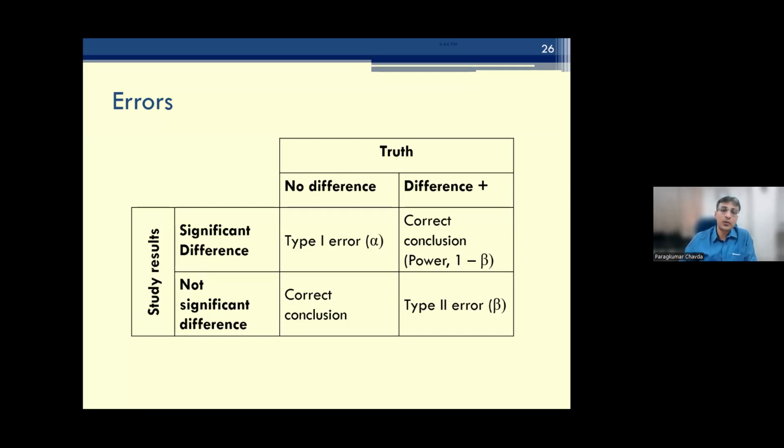So in such scenarios, it is very important that if in reality there is a difference, my study should also be able to find out that difference. So my study should also say that we found a significant difference. So we are on the right side of the table, in the right upper quadrant. When in reality the difference is there, I would want my study to be able to find that.